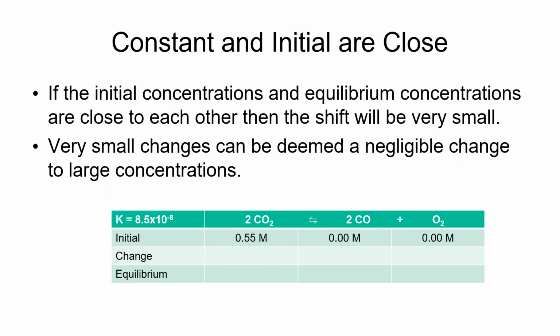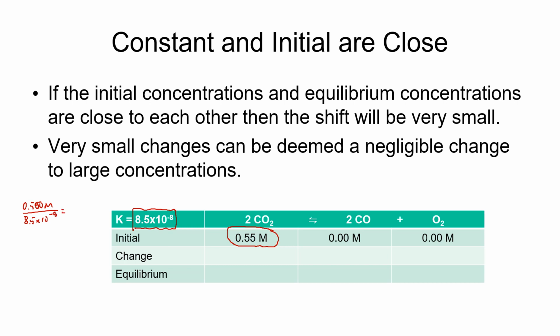Looking at our first situation here, we have a concentration of 0.550 moles per liter, and we have a very tiny equilibrium constant here. So if I take the concentration, 0.550, sorry, and divide that by the 8.5 times 10 to the negative 8, we're going to get a huge number.